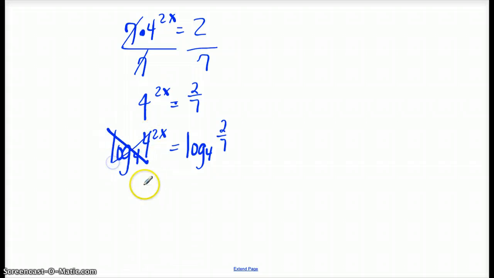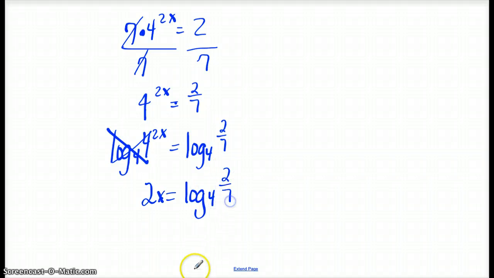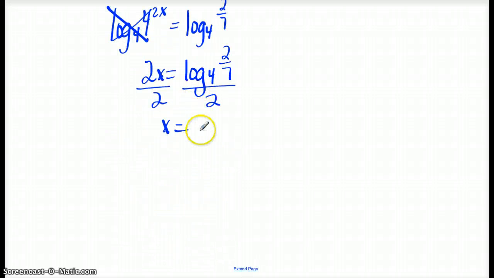This is going to cancel, and I have 2x equals log base 4 of 2 sevenths. Then to get x completely by itself, I divide by 2. And that's going to be it. That's your answer. Do not cross anything out. This is your answer.